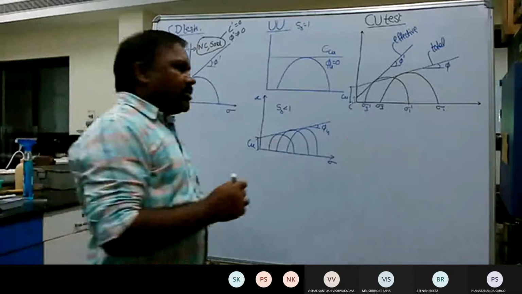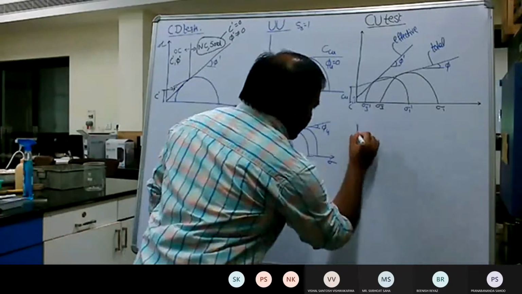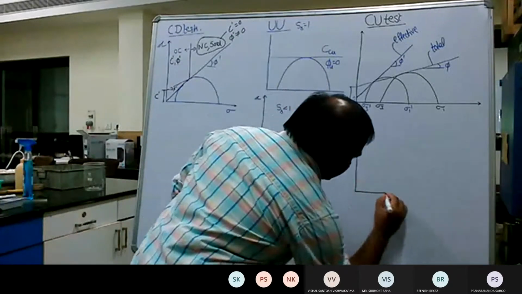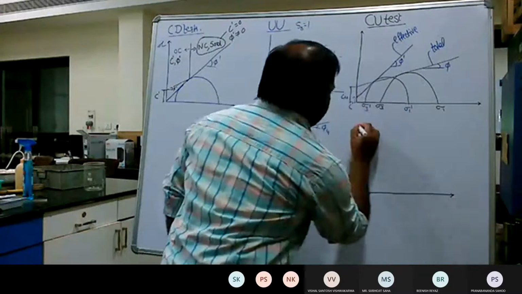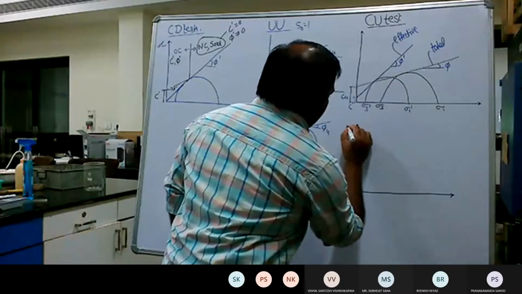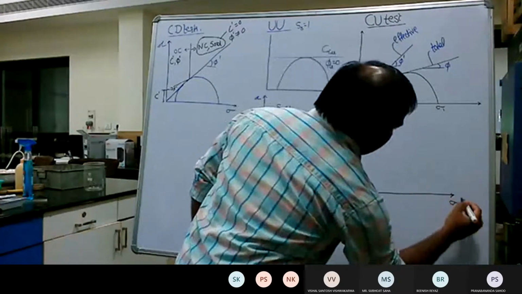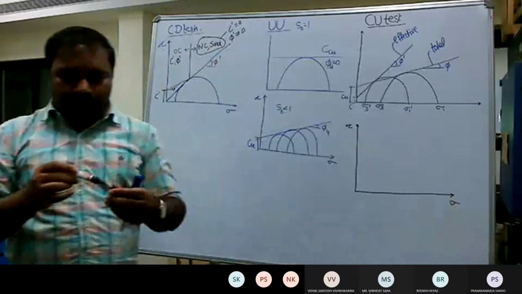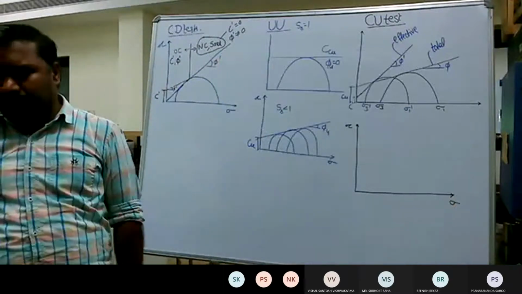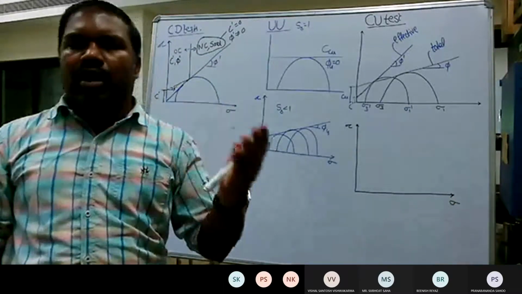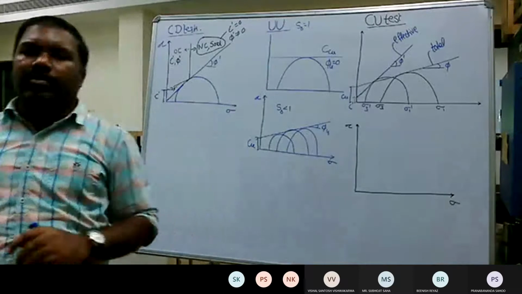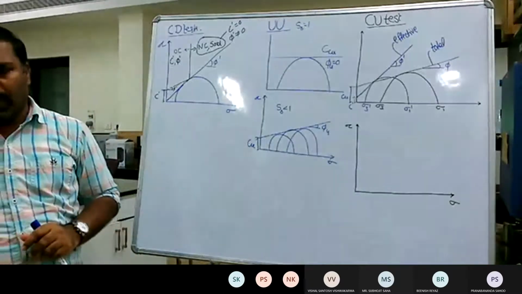Now at last, suppose I ask you to draw the stress strain relationship, tau versus sigma, starting from UCS, UU, CU and CD. Which curve lies above and which curve lies below? Can you try?